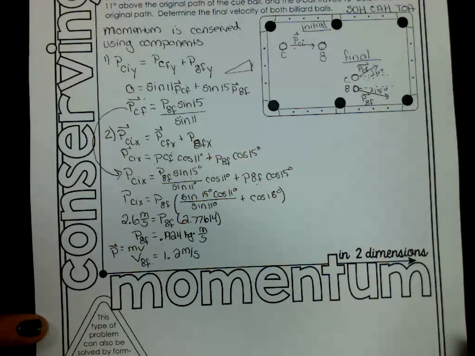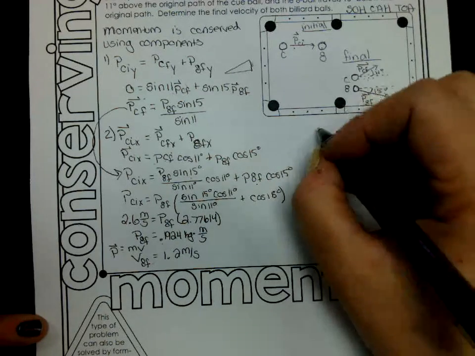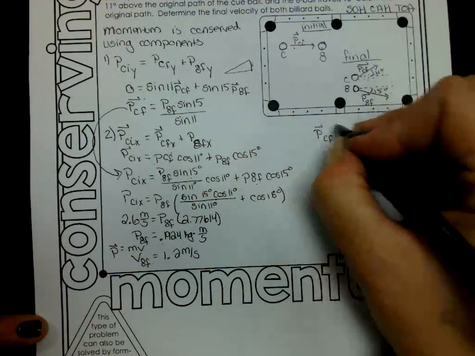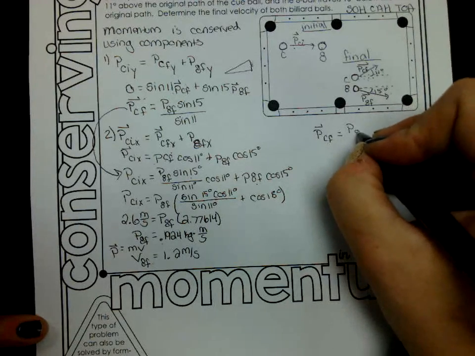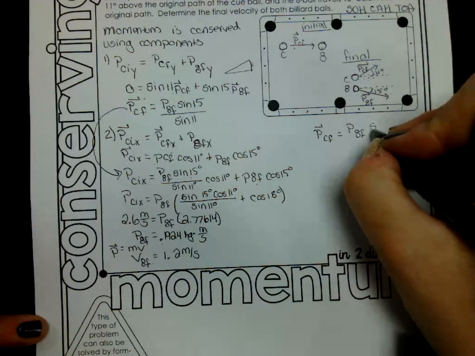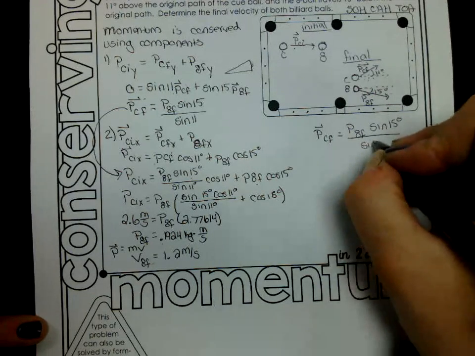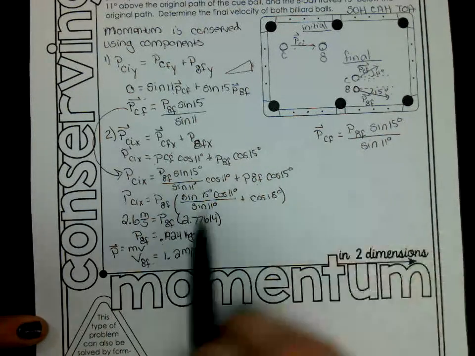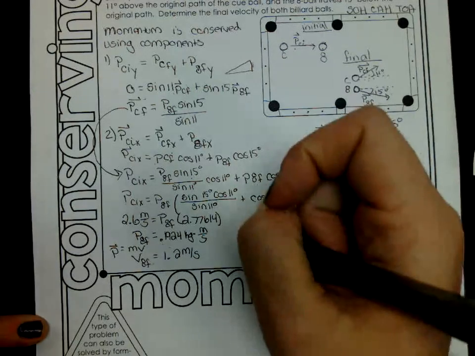All right. We need to know the final velocity, though, of the cue ball. So we can go back to number 1. We can say the momentum of the cue ball final is equal to the momentum of the 8-ball final times sine of 15 degrees over sine of 11 degrees. The momentum of the 8-ball final is 0.1924 kilograms times meter per second.